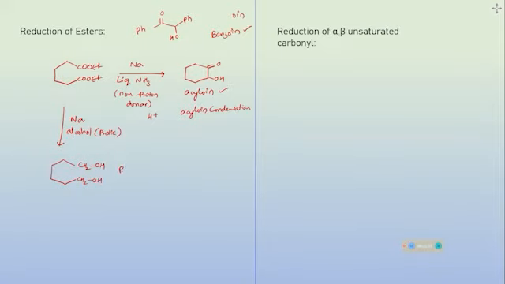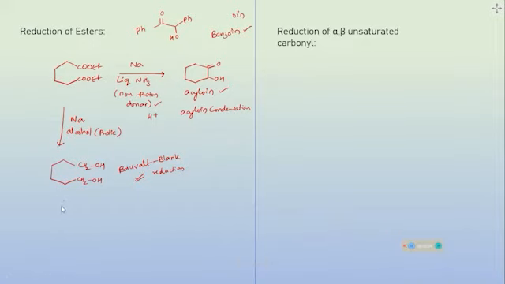This reaction is called Bouveault-Blanc reduction. So ester on reaction with sodium in the presence of a non-proton donor produces acyloin. Ester in the presence of a protic solvent produces alcohol, which is called Bouveault-Blanc reduction.